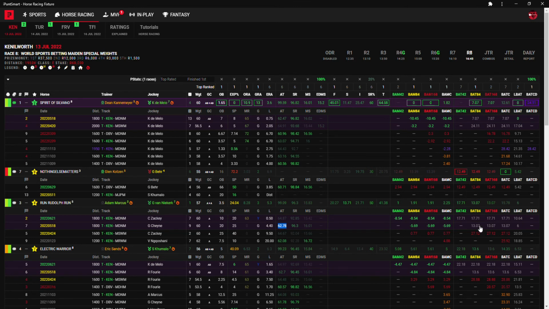The other part of that difference is the 13 draw now coming into a 4 draw, which really makes another meter or two, another length or two difference to the outset. So Spirit of Silvano is one of your better options today.